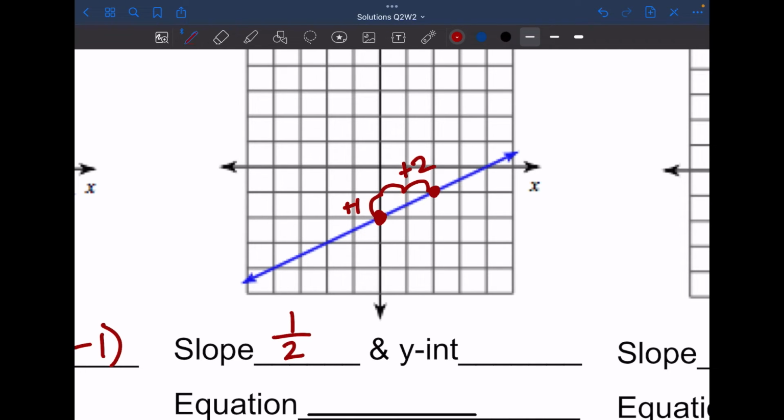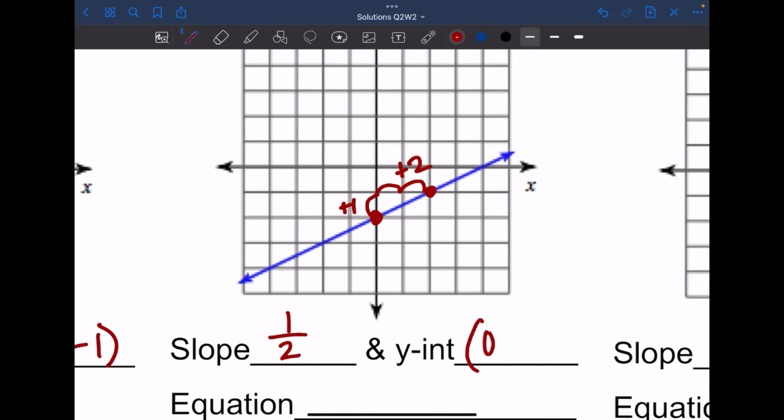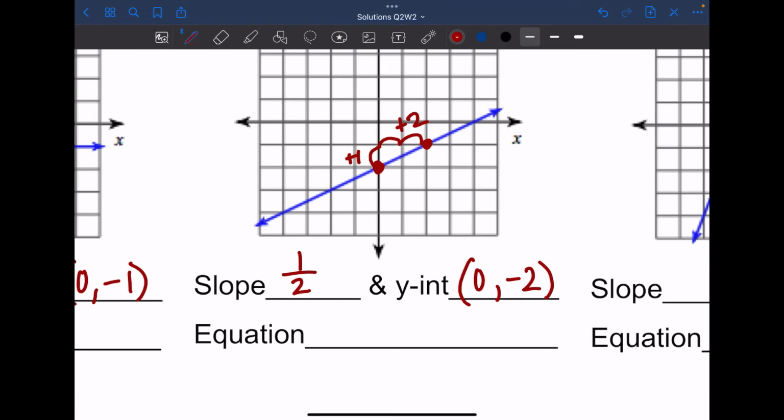And then that y-intercept looks to me like it was down 2 from the origin. So 0, -2. Now our equation is then going to be y equals 1/2 x minus 2.